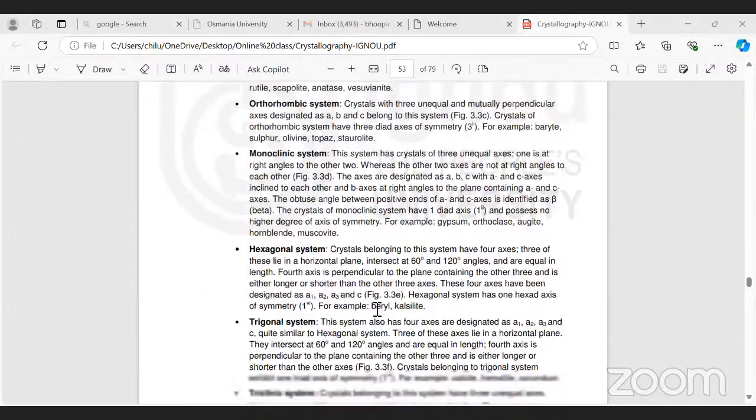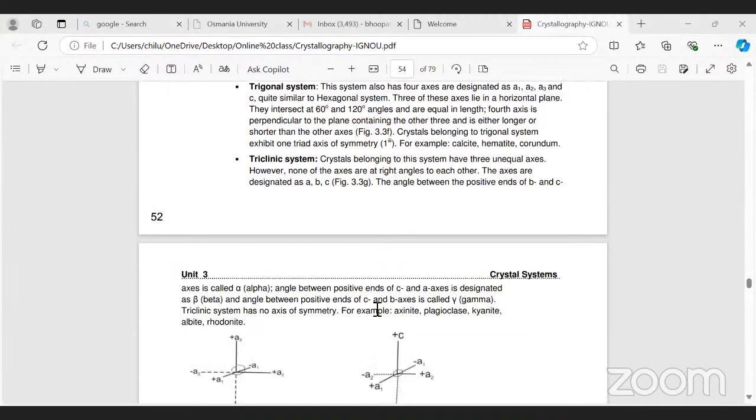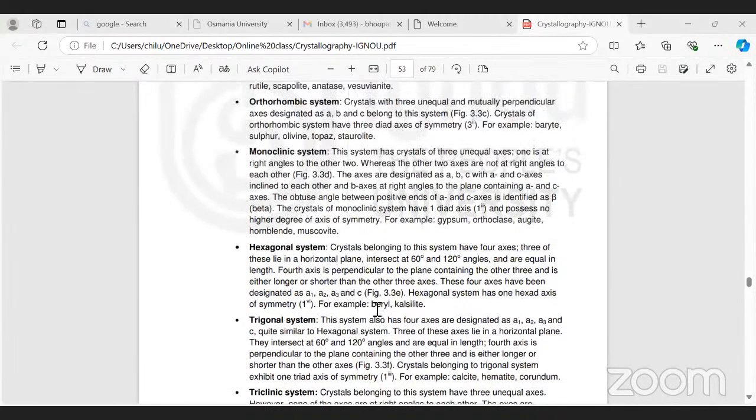Next one is the monoclinic system. In the monoclinic system, almost all is the same as what we have seen previously: all the crystallographic axes have different lengths. And here, the B axis lies normal to the C and A axes.